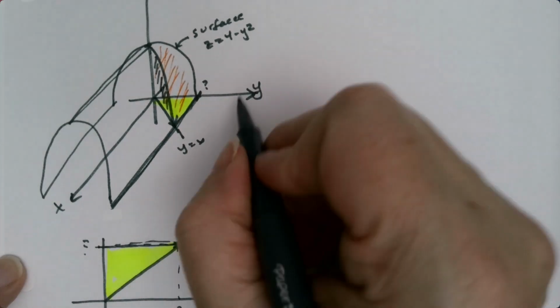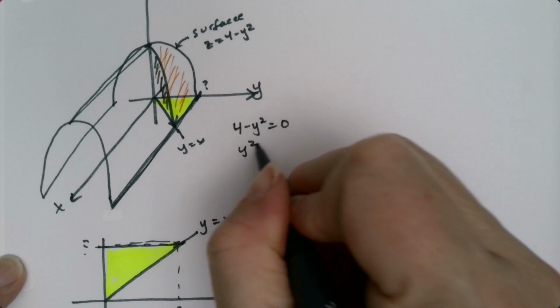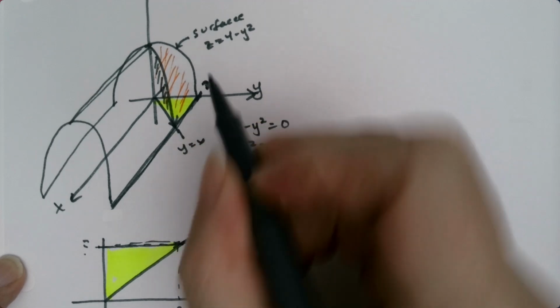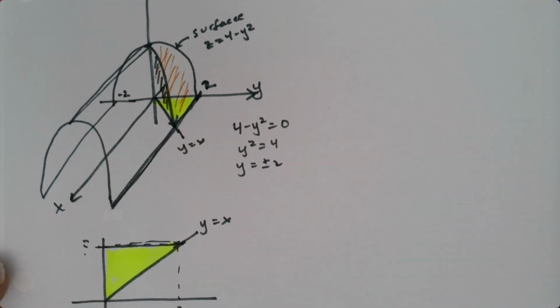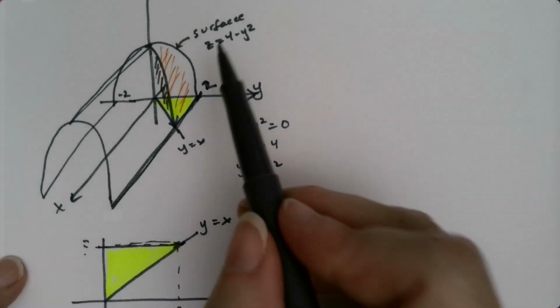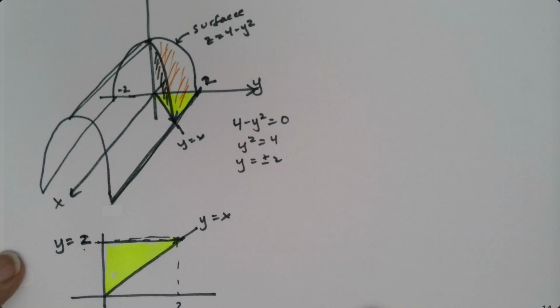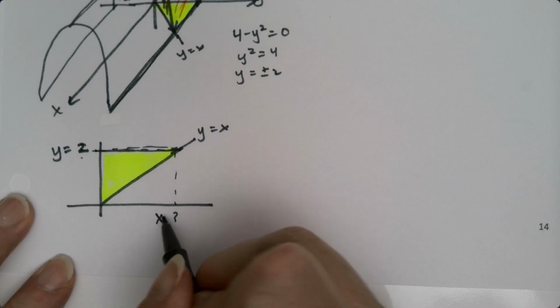So if I say, hey, 4 minus y squared equals 0, that would mean y squared equals 4. That means y equals plus or minus 2, which means it's hitting at 2 here and at negative 2 over here. Not that I care because the other side I'm not using. So this is y equals 2 right there. And since y is equal to x, that means that x is also 2.